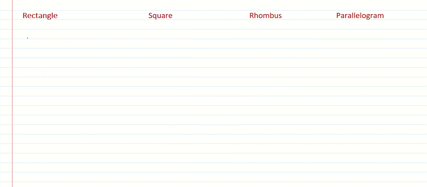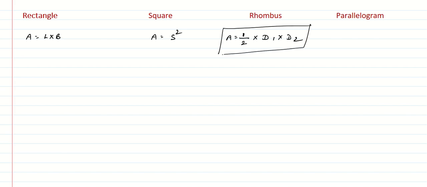The area of a rectangle, tell me. L into B. What is the area of a square? What is the area of a rhombus? Half into D1 into D2, diagonal 1, diagonal 2. Parallelogram area. Good.